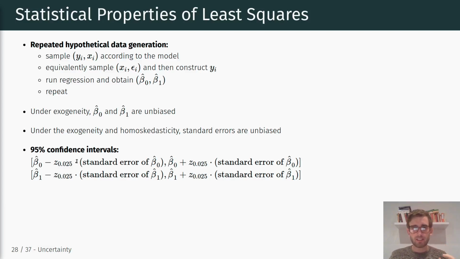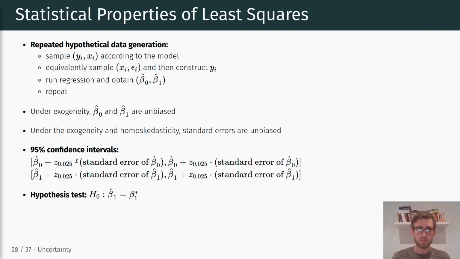Exactly the same logic applies as with population averages that we talked about. Just here, instead of a population average, the point estimate we're looking at is a regression coefficient, either an intercept or a slope coefficient.